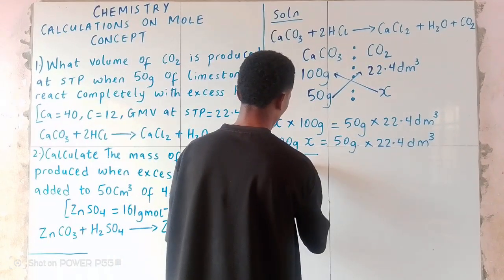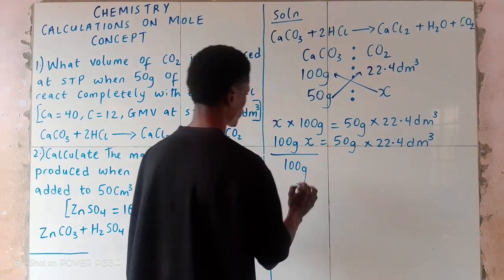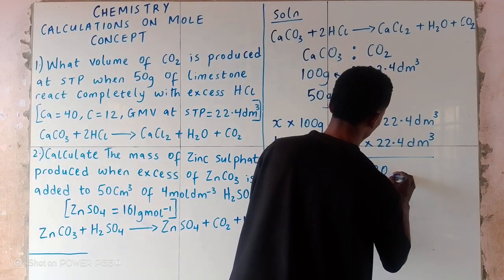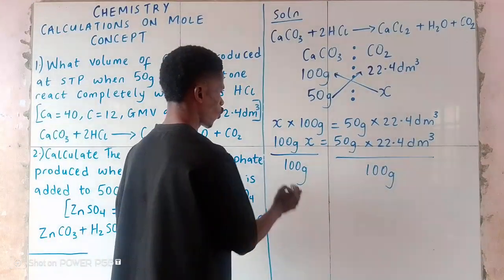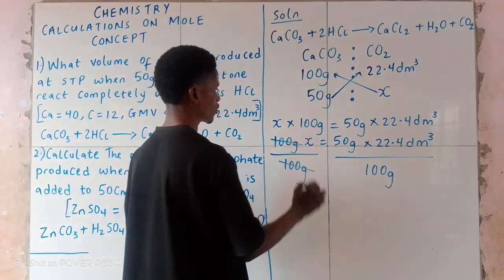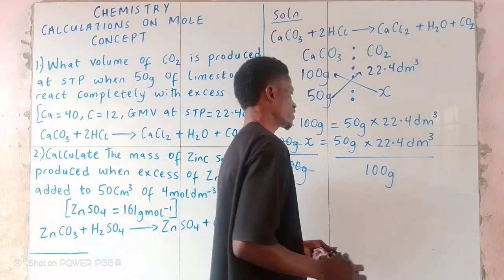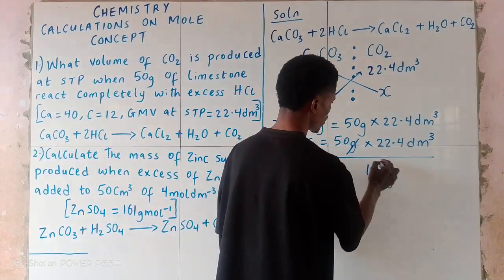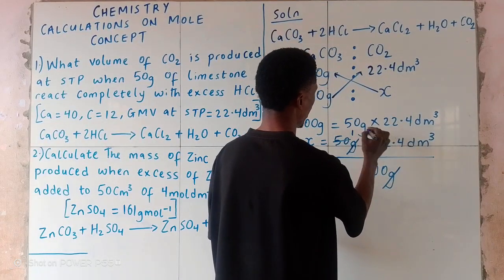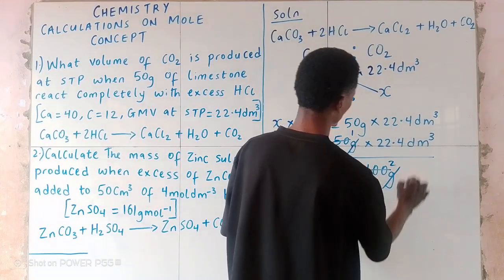So over 100 gram, and here over 100 gram. So 100 gram here 1, 100 gram here 1. So if I check here, gram cancels gram, 50 here 1, 50 here 2.